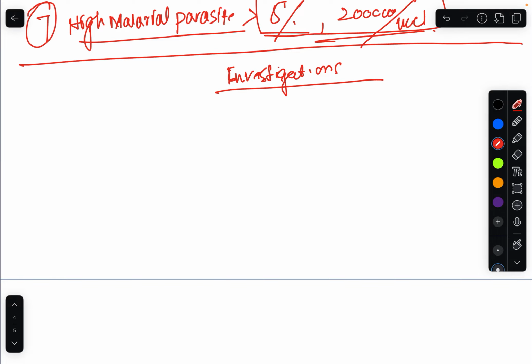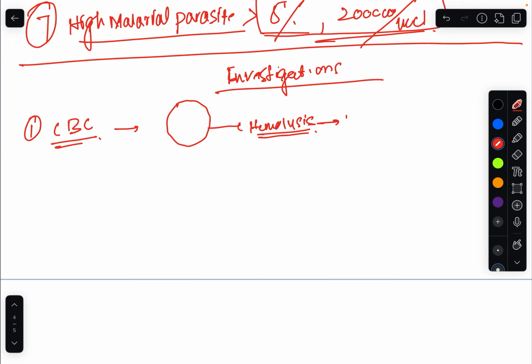What are the investigations we should perform in a patient with suspected malaria? First of all, you should do CBC. Since the red blood cells undergo hemolysis, I have told you that there is hemolysis going on, so your HB would be less.